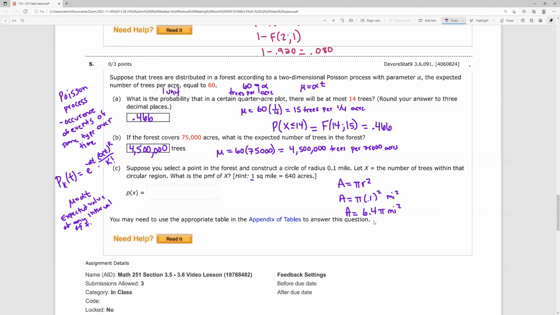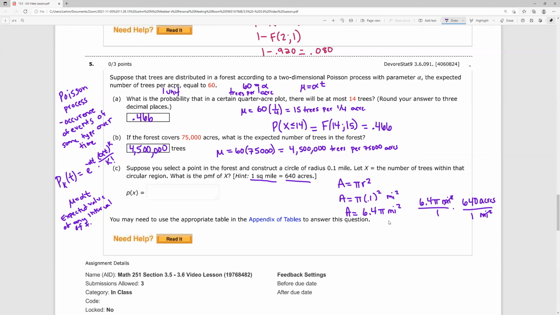Okay, and then I had a hint. 1 square mile is 640 acres. So I need to convert this area in square miles to acres. When you do a conversion, you want the same unit that you have on top to be on the bottom, so it'll cancel, and the one you desire will be on the top. So this is 1 and 640.